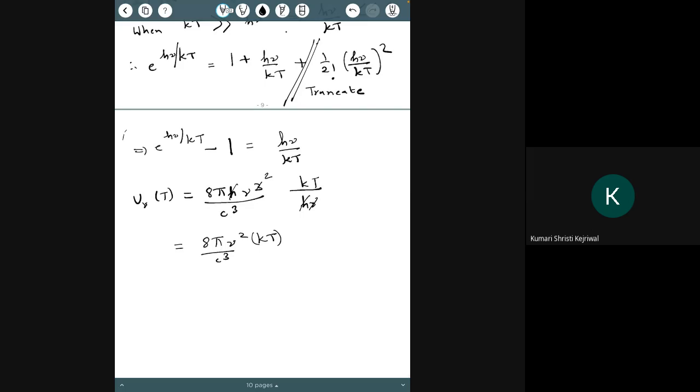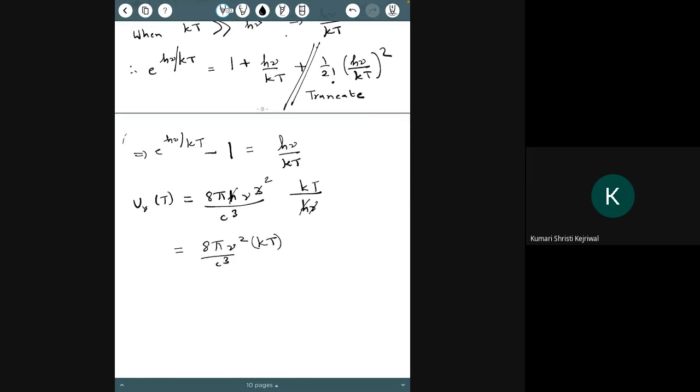So this is a simple limit thing. As soon as you take h nu to be really small compared to kT, you can truncate the exponential series and you get back to Rayleigh-Jeans law. That's simple enough.